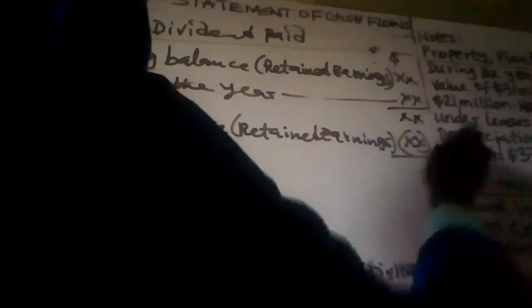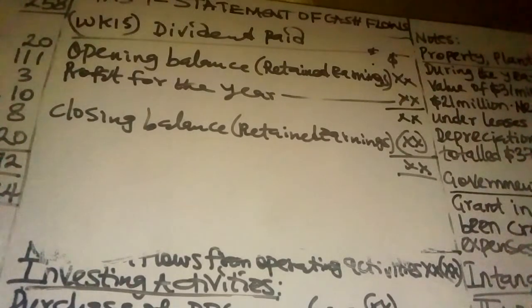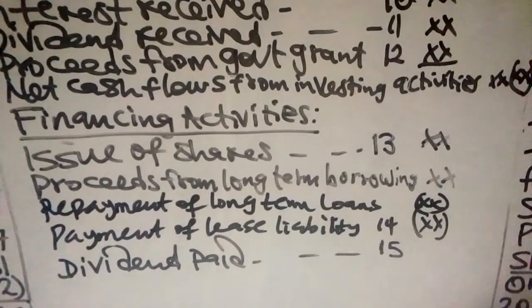After this, the net difference is the amount of dividend paid, which will be reported as financing activity.